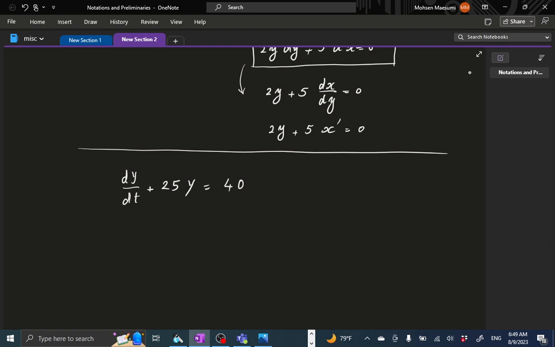Sometimes early on, some of the exercises might ask you to show that, for example, y as a function of t, y of t equal to 8/5 minus 8/5 of the exponential of minus 25t, is a solution.